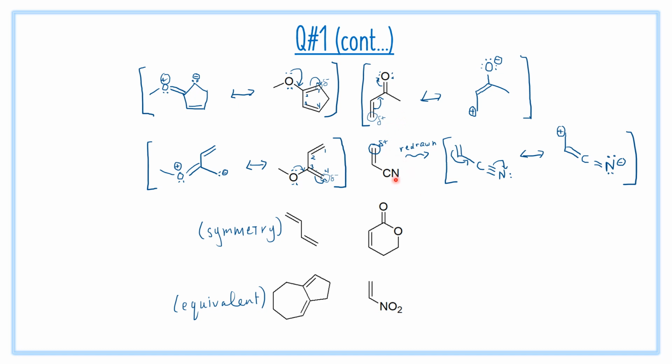And over here, I redrew it so you would see exactly where the triple bond is on the carbon and nitrogen. So here what happens is nitrogen, the most electronegative in the molecule, gets the electron pair.